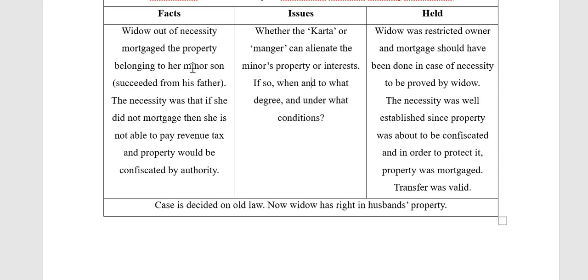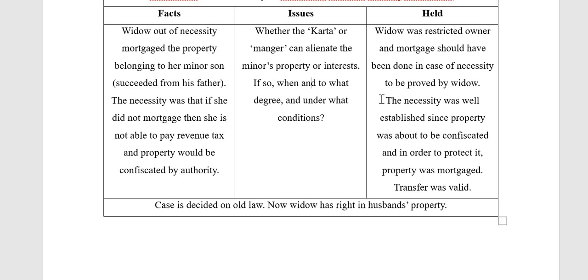When you study who can be Karta, usually women are not Karta, but in certain circumstances women can be Karta. There is no specific rule that women can never be a Karta. ऐसा कोई specific rule नहीं है कि women कभी करता नहीं हो सकती, फैमिली की वो हो सकती है.